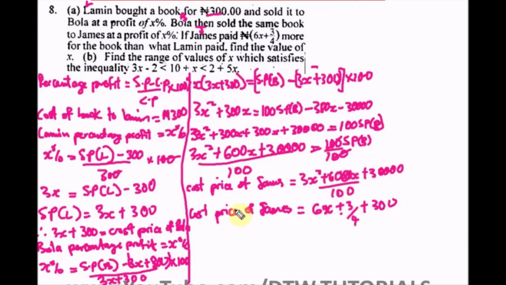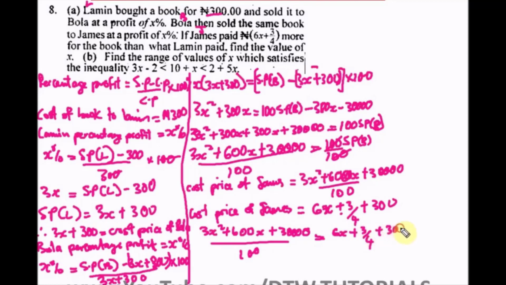In equating them, what do we have? We have 3x squared plus 600x plus 30,000 divided by 100 equal to 6x plus 3/4 plus 300.